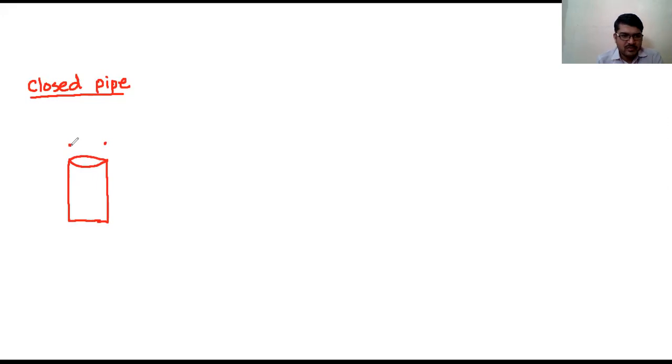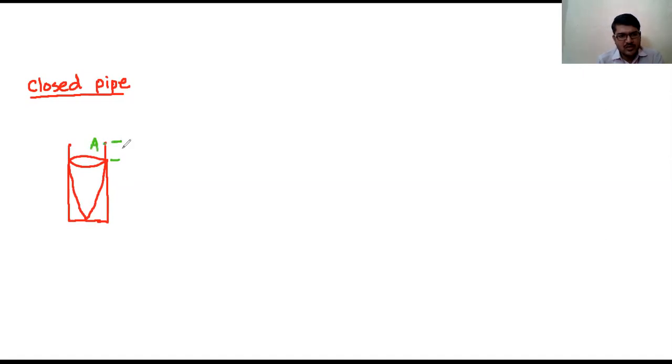So if I am taking the fundamental frequency, you get something like this. Yes, now it is perfect. From this point till here, this is the antinode position.